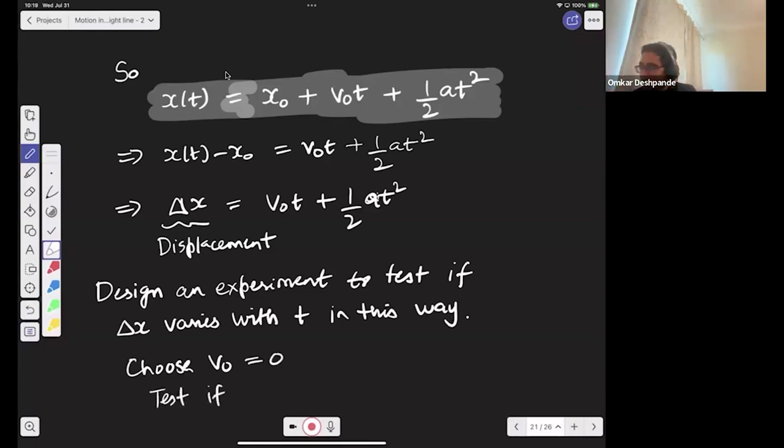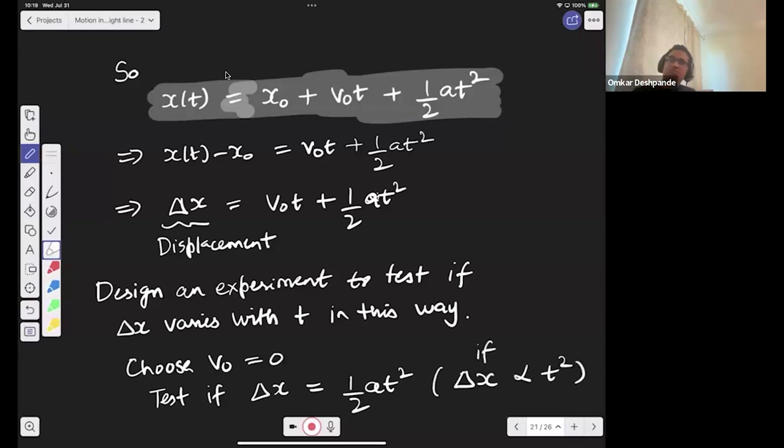Test if the displacement, which in free fall motion is the amount by which an object falls, is half at squared. Now, a, of course, we don't know, but we could test if delta x is proportional to t squared. The displacement being proportional to t squared, assuming you start out with 0 initial velocity, would be a test of whether free fall motion is actually uniformly accelerated.